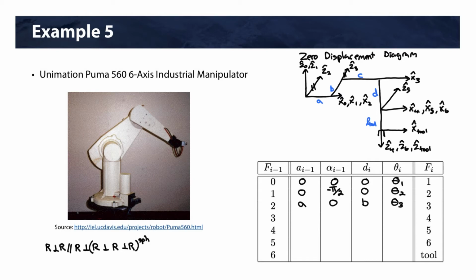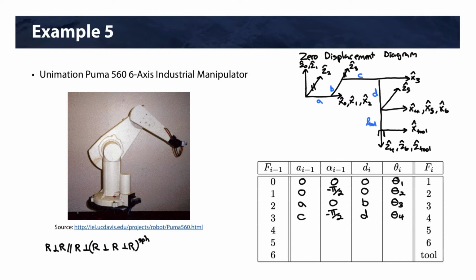Then 3 to 4, the distance between Z's is C. We have another angle between Z3 and Z4. In this case, it's a negative rotation of 90 degrees. We then have D, the distance between X's, and then we have theta 4.